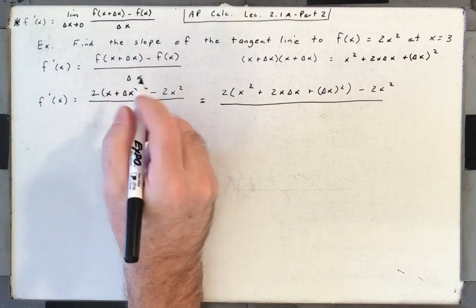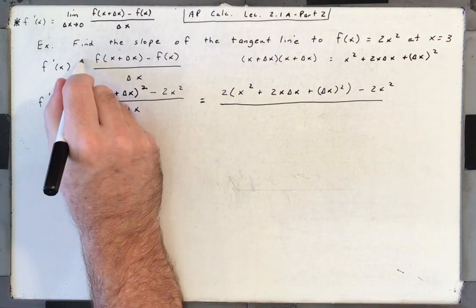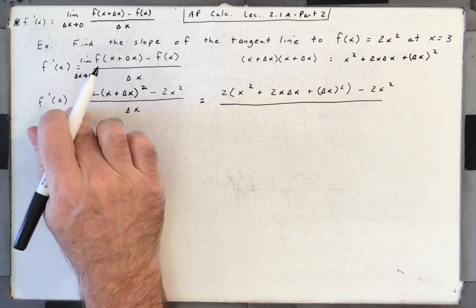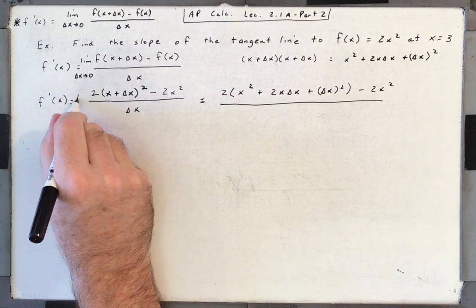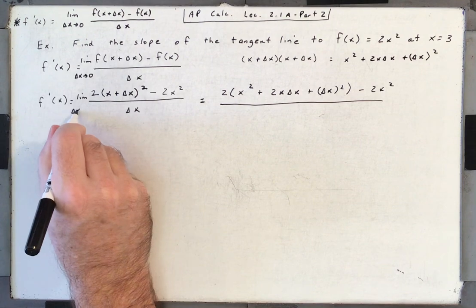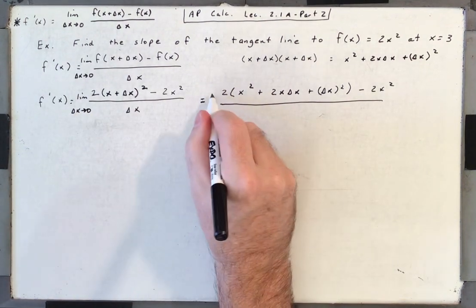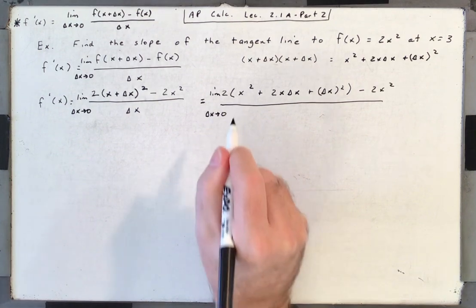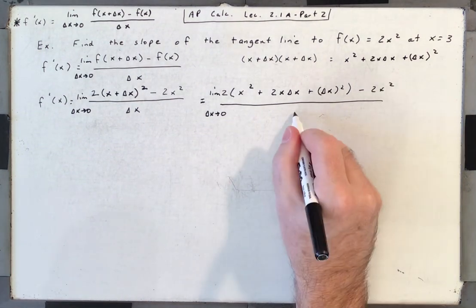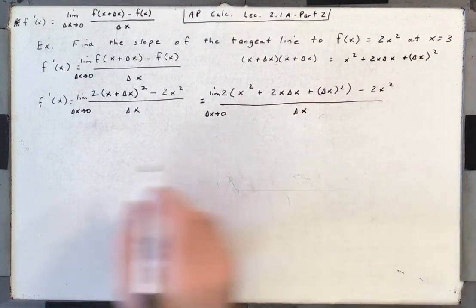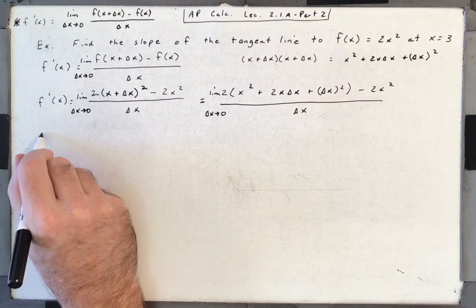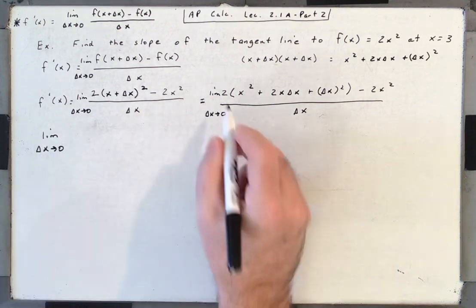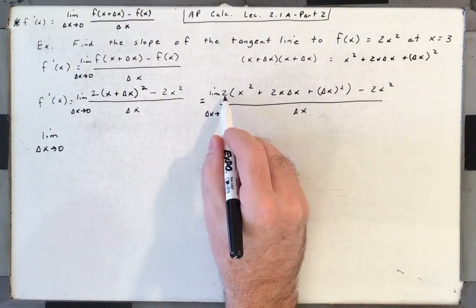And by the way, we're taking the limit as delta x approaches 0 on all this, over delta x. All right, so we're going to take the limit as delta x approaches 0, and let's clean this up. Let's distribute the 2.